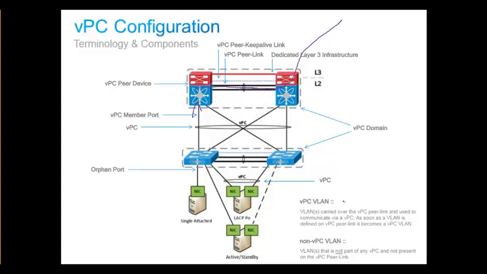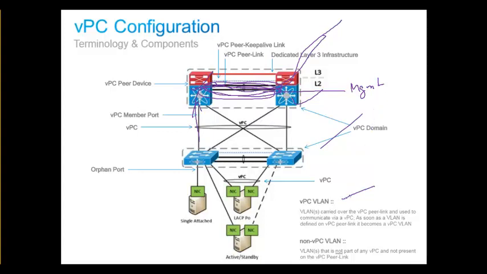There is also another vPC VLAN which is used only for management between these two devices. These two devices need to synchronize, no? For that you will give a vPC VLAN. That is also another type of VLAN. So including that one management VLAN for these two boxes to synchronize, plus you will be allowing some VLANs. That is the allowed VLAN. Even that is also a vPC VLAN.